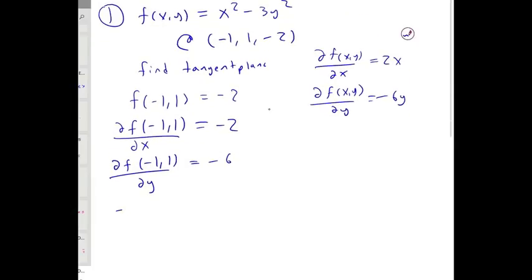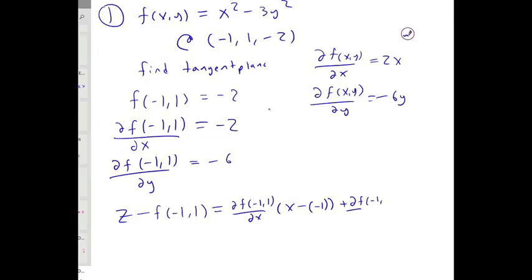And now we just use our tangent plane equation, z minus z0 equals, or I'll put z minus f of -1, 1 equals df of -1, 1 dx times x minus, and here we're going to put the x value, so -1, plus df of -1, 1 dy times y minus, and here we're going to put our y value 1.